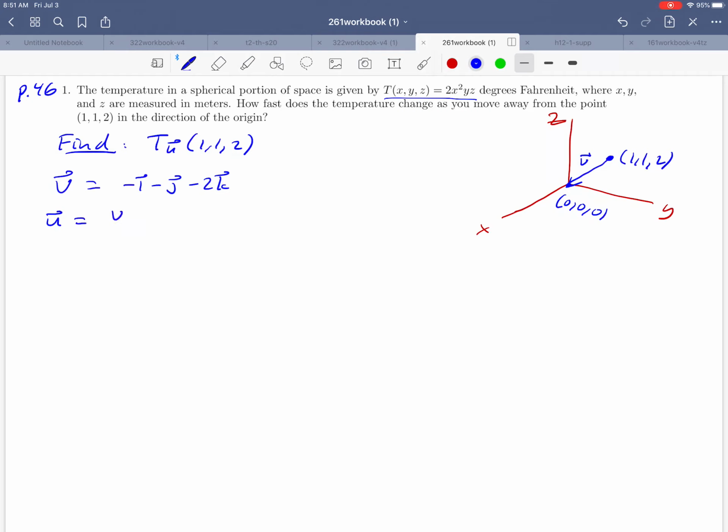So u is going to be that vector v over its length. We get -i - j - 2k over the square root of the sum of the squares of everything. That's 1 plus 1 plus 4. So altogether, we get 1 over the square root of 6 times our vector.